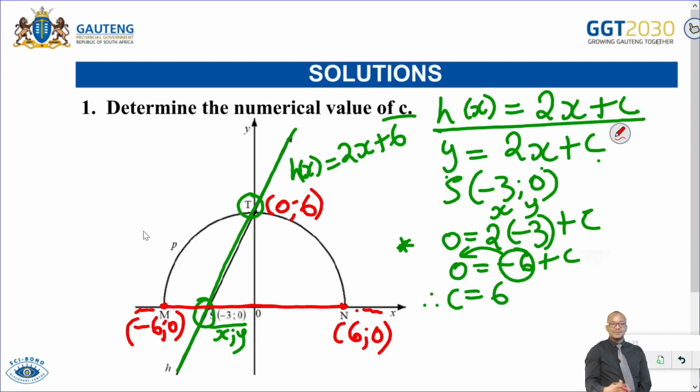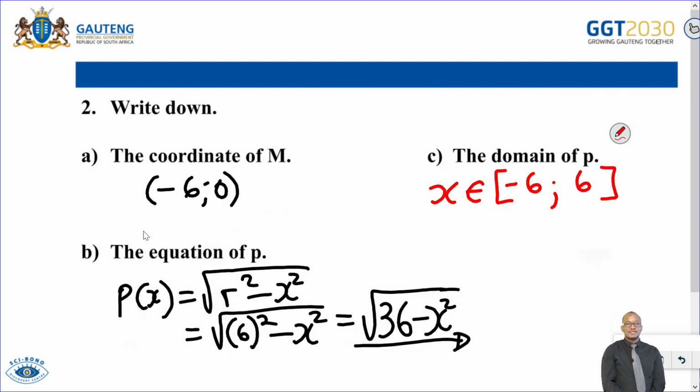So that's how we determine the domain. The domain is defined from negative 6 to 6. We're talking about where the graph of p is defined. Correct. So now that's how we answer this type of question.